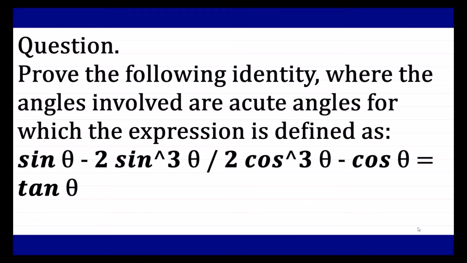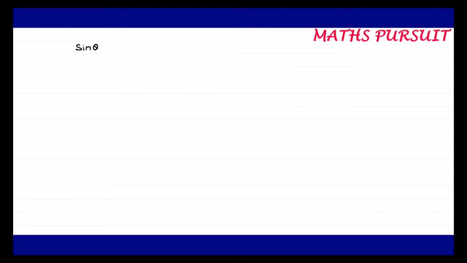So let us start our calculation here. So what is being given? It is being given that sin theta minus 2 sin cube theta upon 2 cos cube theta minus cos theta is equal to tan theta.